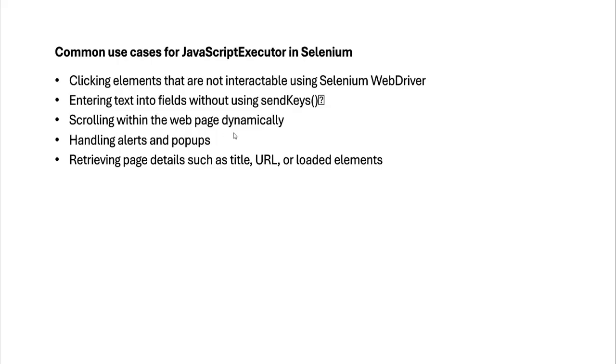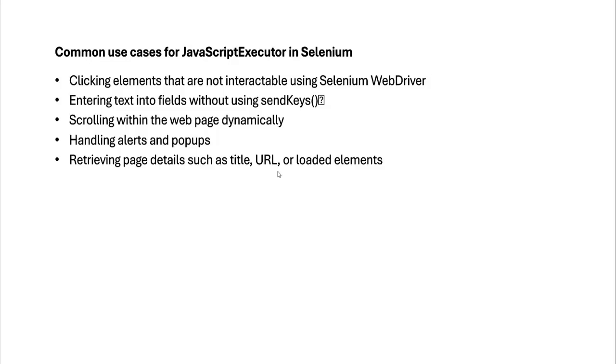Scrolling within the web page dynamically, handling alerts and pop-ups, and retrieving page details such as title, URL, and loaded elements. For all these purposes, we can use document dot, where we can manipulate directly. You can give what you want to interact with.